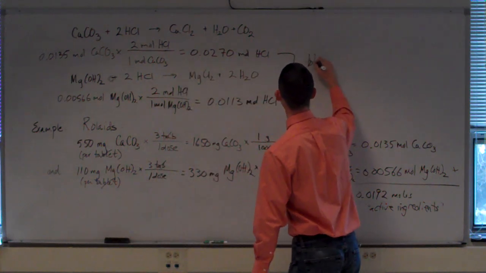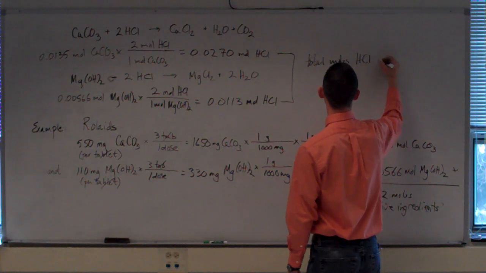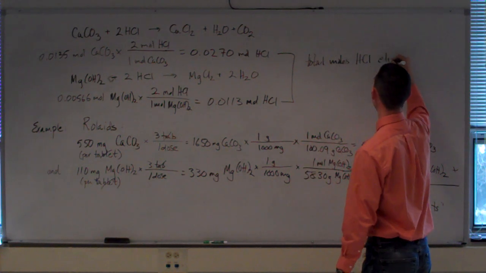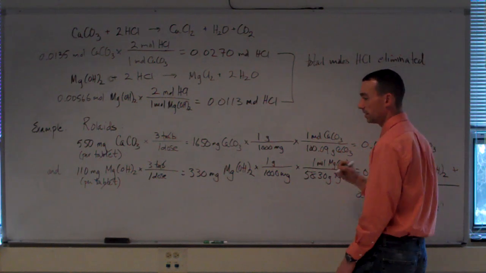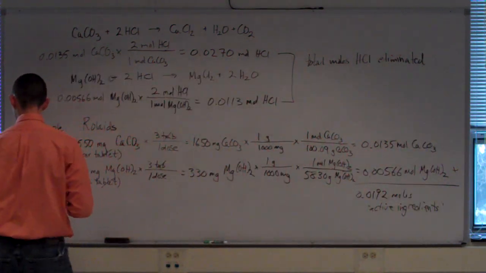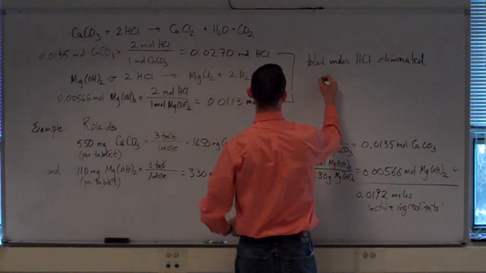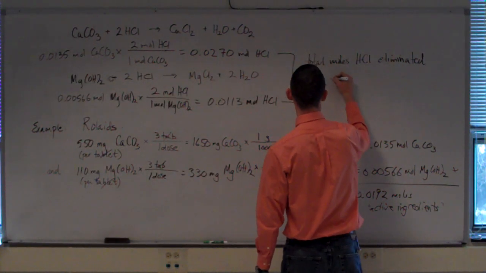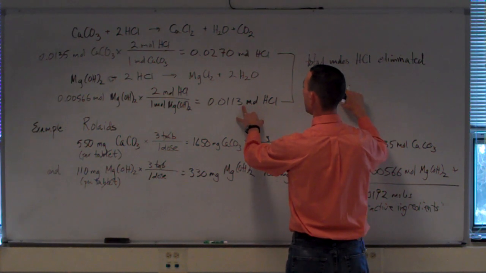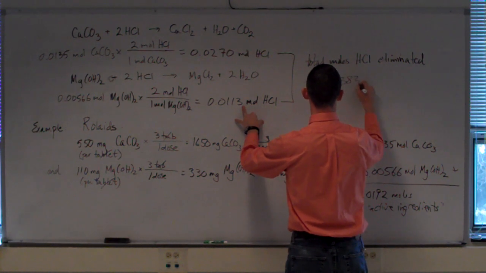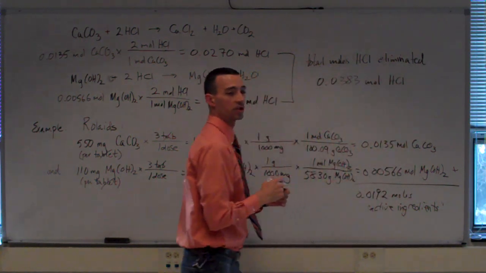Thus, the total moles of HCl that are eliminated is simply the sum of these two numbers. So that's going to be 0.0383 moles of HCl.